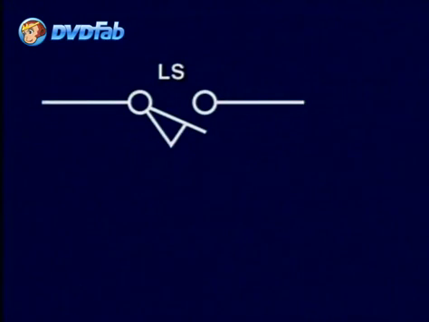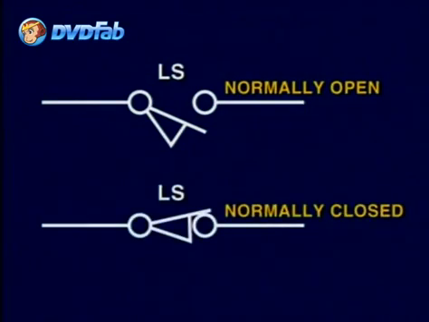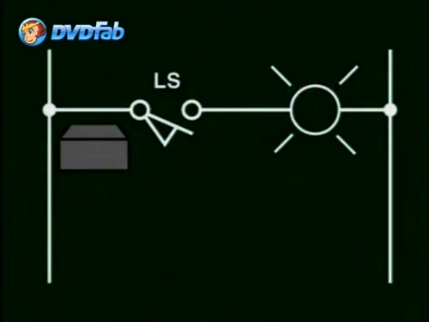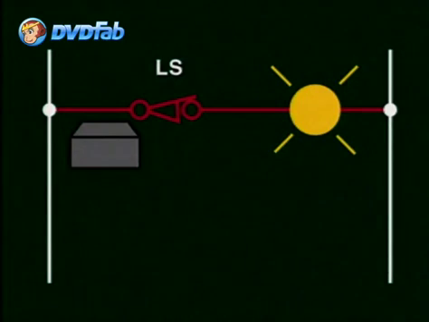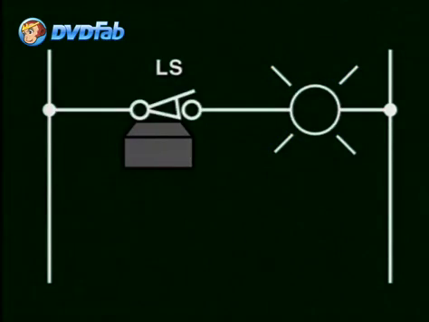Based on this symbol representation and the type of contacts available, we have the normally open limit switch and the normally closed limit switch. The normally open limit switch closes its contacts when the switch is actuated, while the normally closed limit switch will open its contacts when actuated.